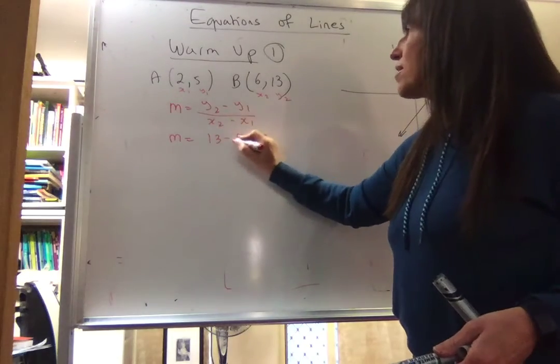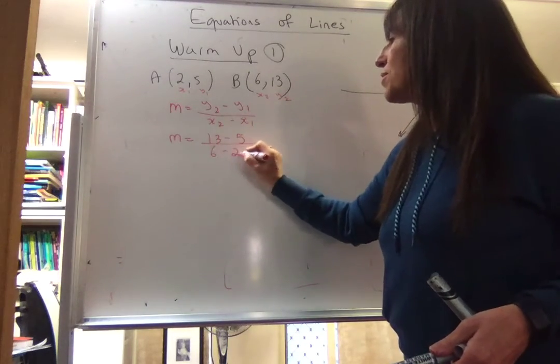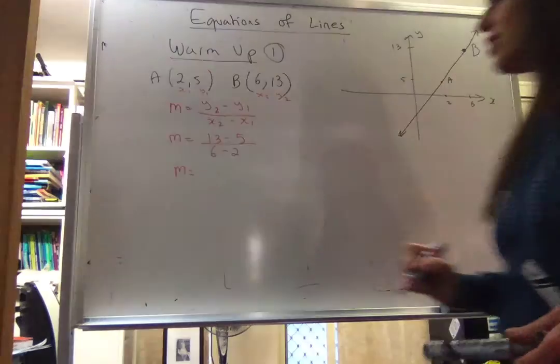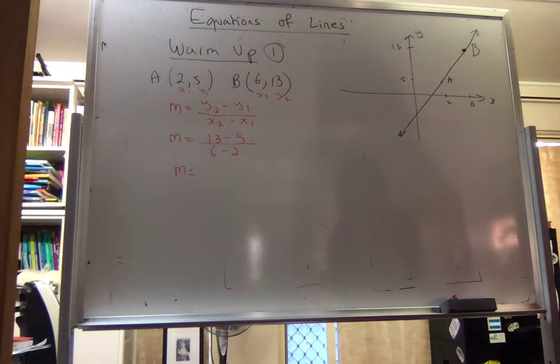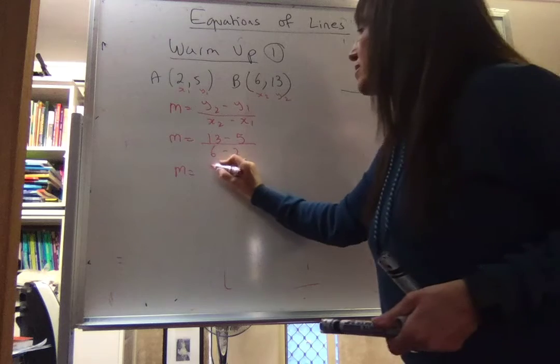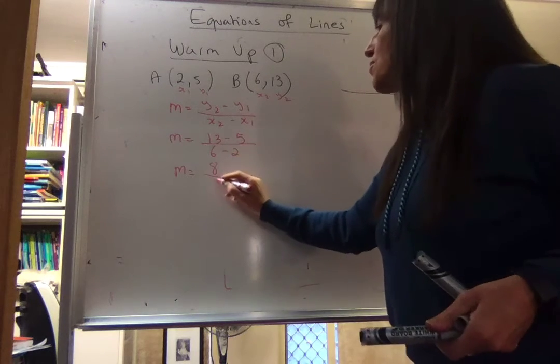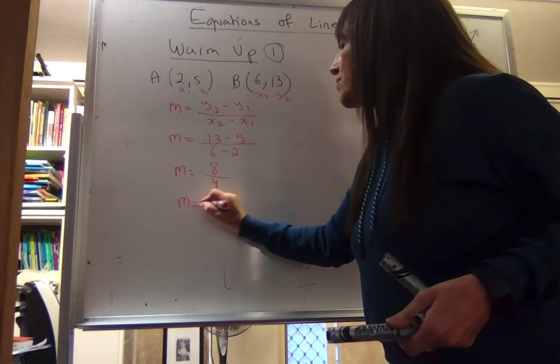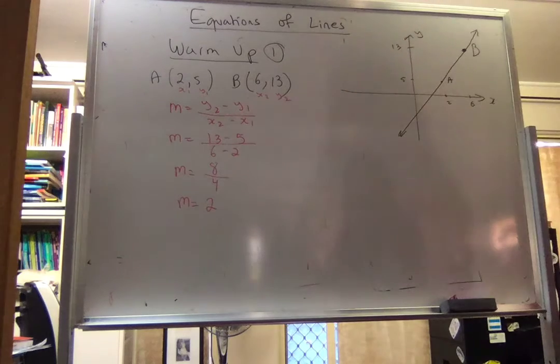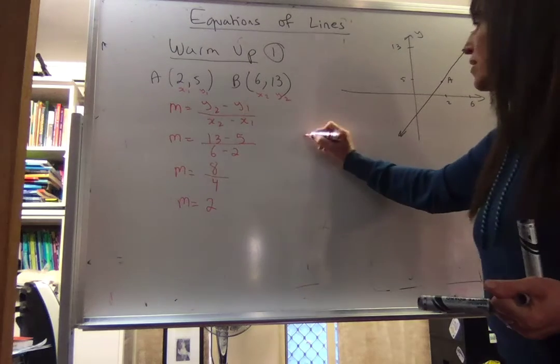13 take away 5 all over 6 take away 2. Okay, so 13 take away 5 is 8. 6 take away 2 is 4, so the gradient is 2. Okay, so that's the gradient. Now, what's the next formula that we need to use? Point gradient formula.